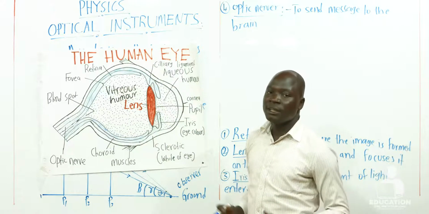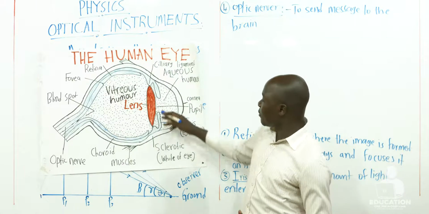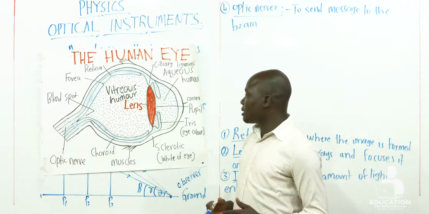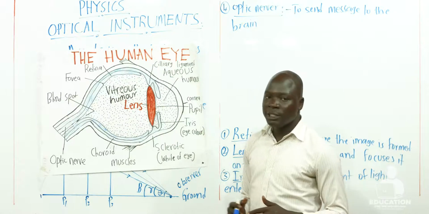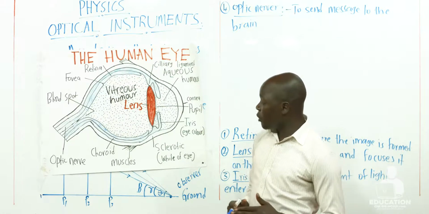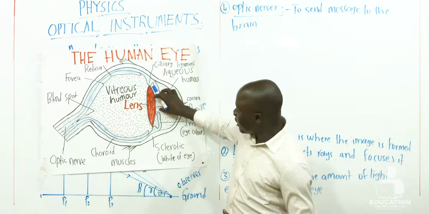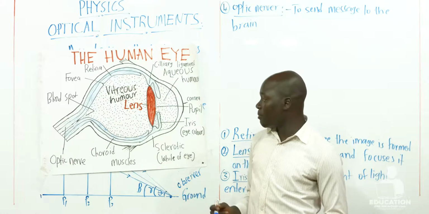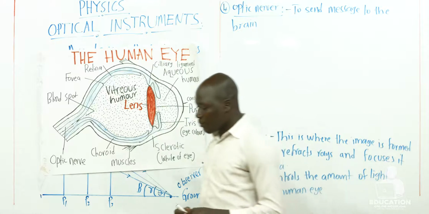And a convex lens always refracts rays to a certain point, which means rays of light incident on a convex lens will be refracted to one point, or we say they converge to one point. And that point where the image will converge is called the retina. And I said the retina is the same as the screen of the human eye.